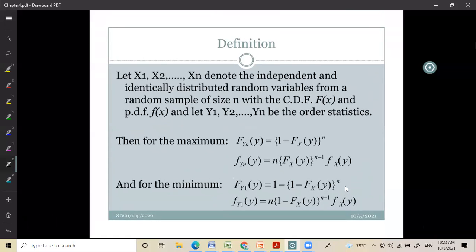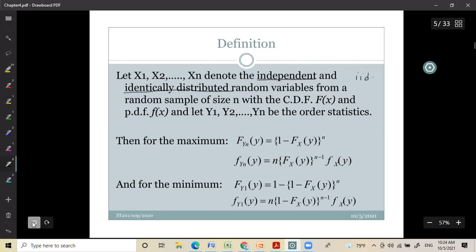Now suppose you have X1 up to Xn, independent and identically distributed random variables, right? That means IID, independent and identically distributed, and the sample size is n.